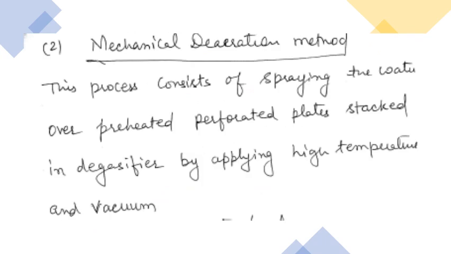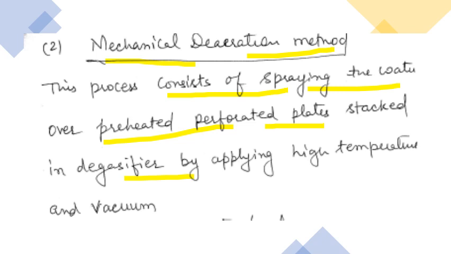The second method for the removal of dissolved oxygen is the mechanical deaeration method. In this method, the water is sprayed over preheated perforated plates stacked in a degasifier, by applying high temperature and vacuum. Understood?